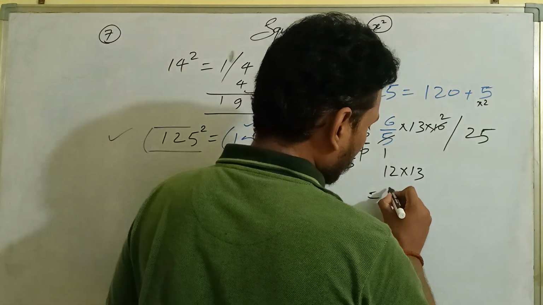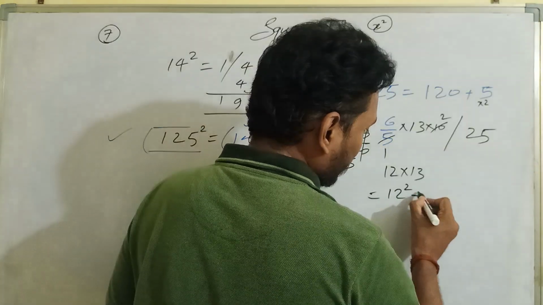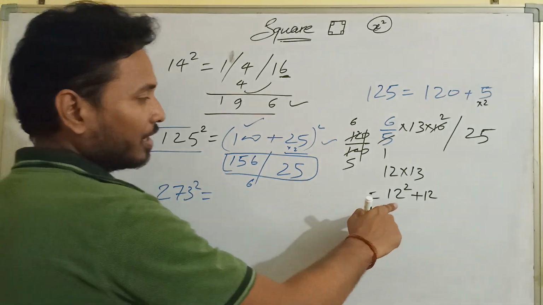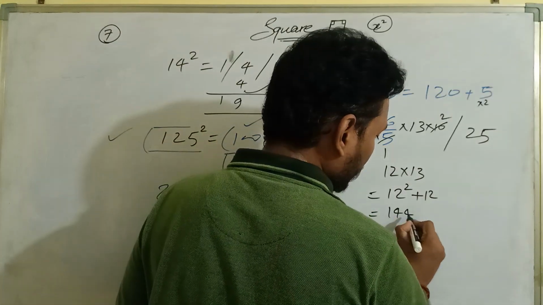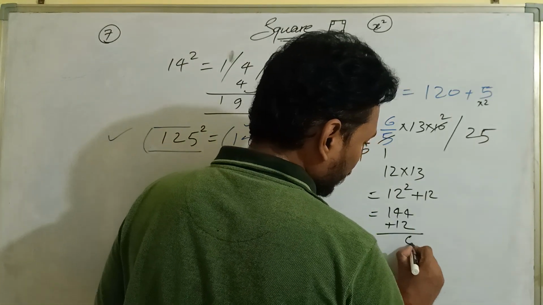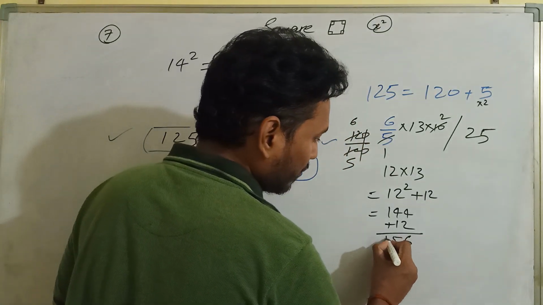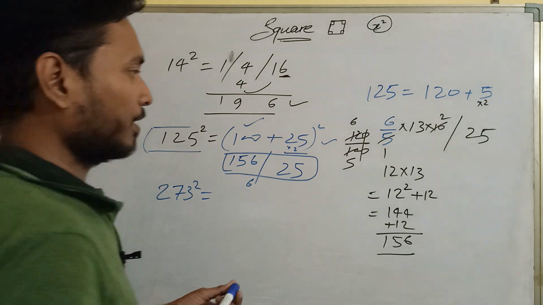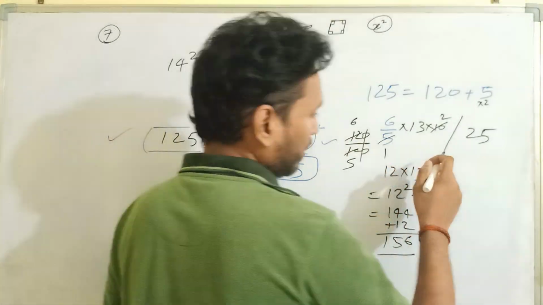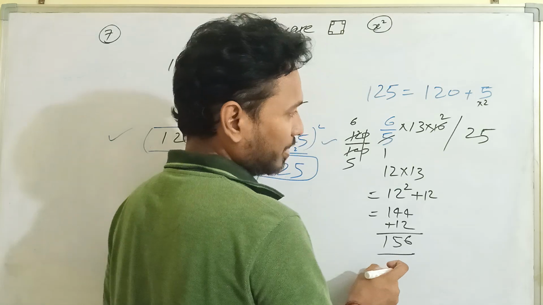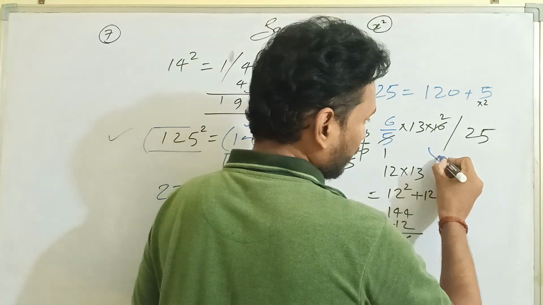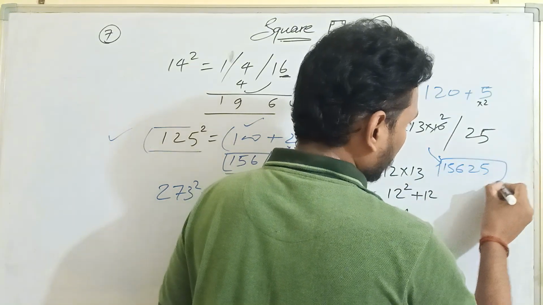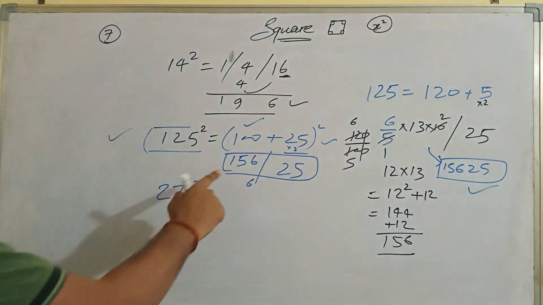Then the number will be 12 square plus 12. What will be the square? 144 plus 12. This will be 156. So we reached the solution. Here the number will be 156 and here 25. Then this is our answer.